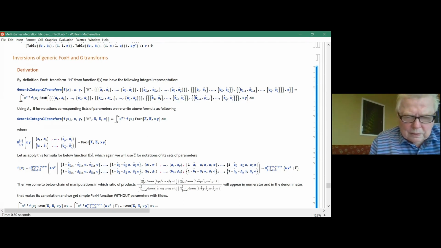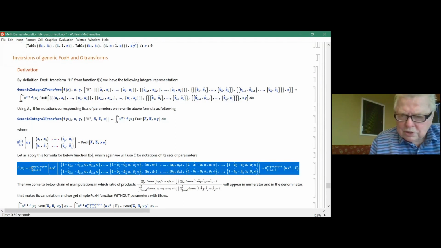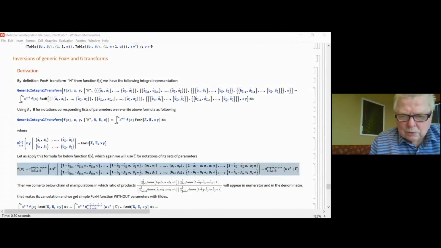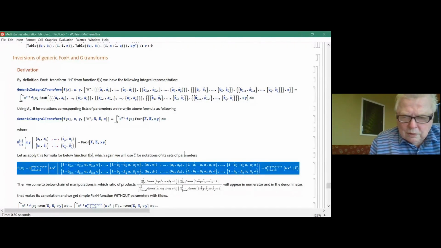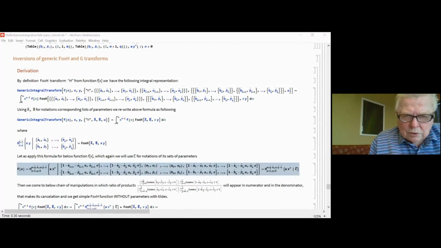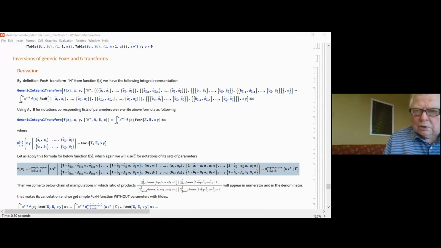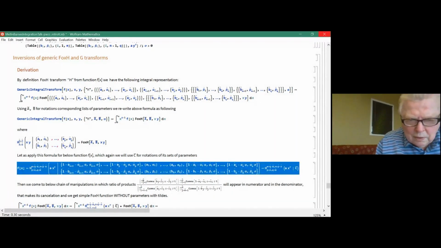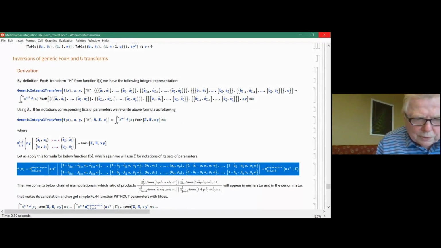But this horrible construction shows the following.